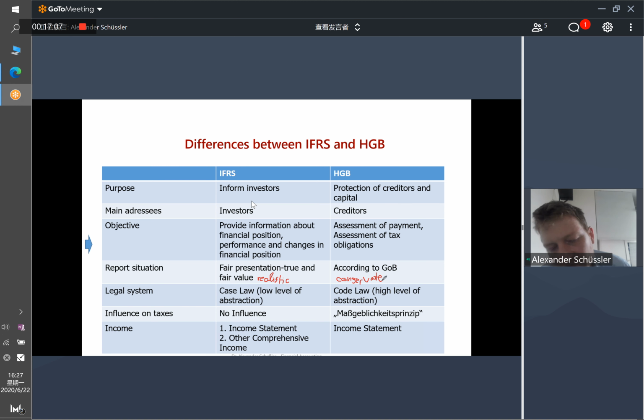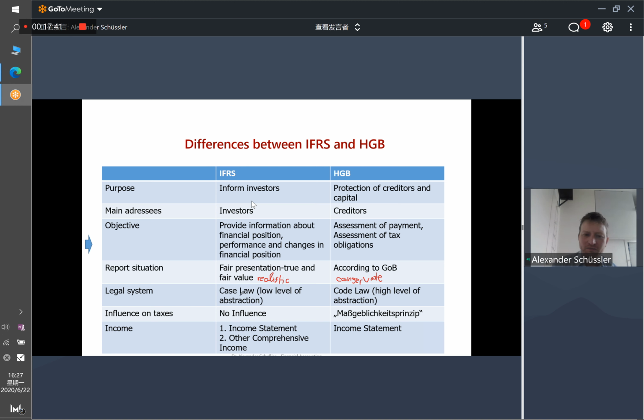Yeah. The legal system in IFRS is case law. Case law is the legal system how we have it in the Anglo-Saxon world. This is the United States, Great Britain, and Australia. They all have case law, and case law means that we have a low level of abstraction. In HGB, we have code law, which means a high level of abstraction.